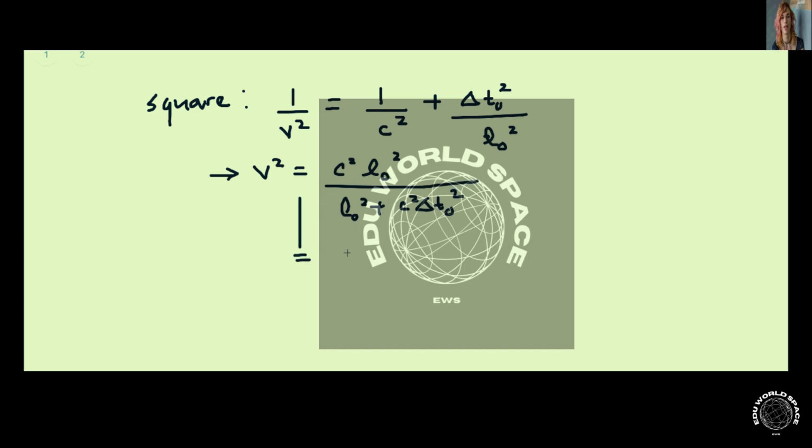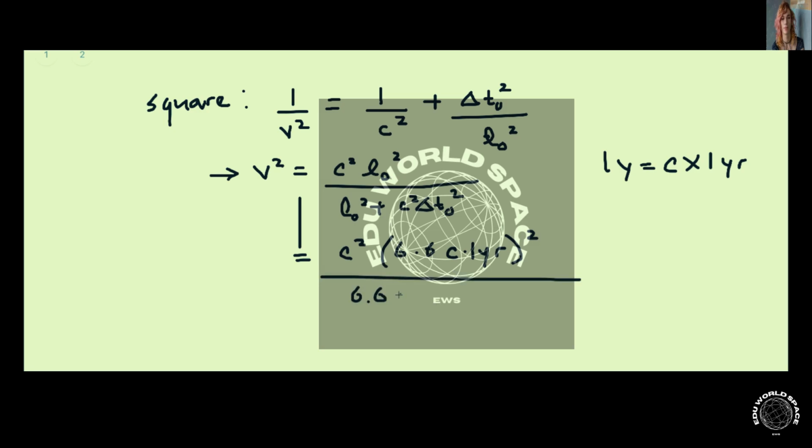So now we write things down in terms of c and years. So a light year is the distance light travels, which it travels at velocity c, in 1 year, right? So we have for L naught 6.6 light years, which is basically 6.6 c times 1 year. Square that whole thing, divided by, again, you have an L naught factor here, which again is c times 1 year.